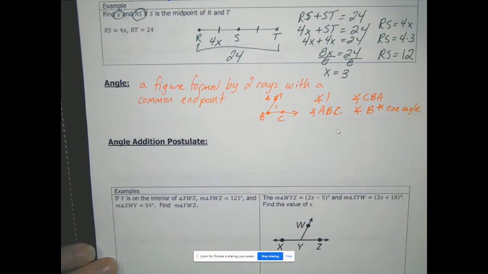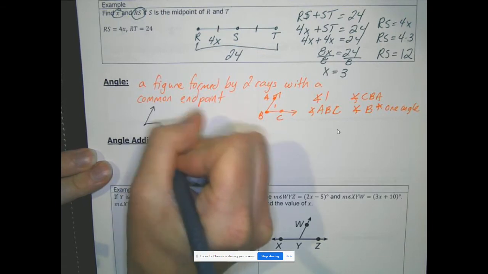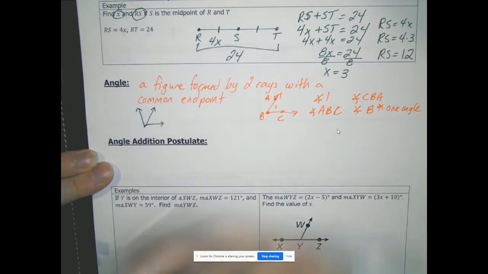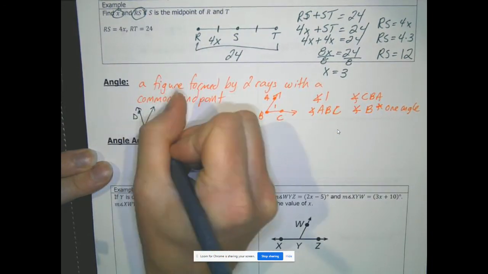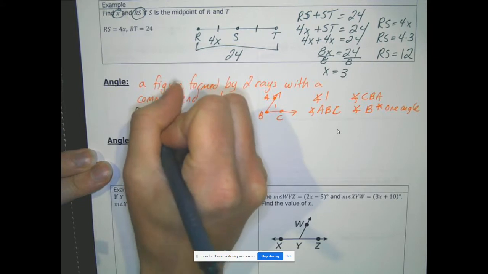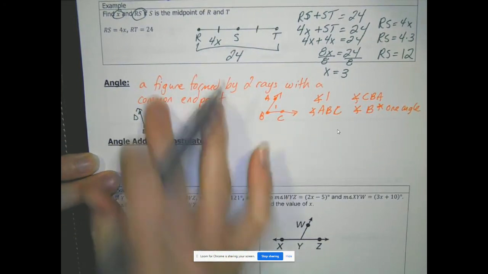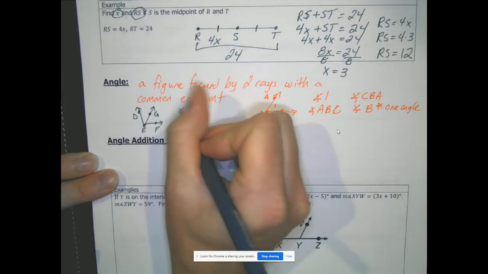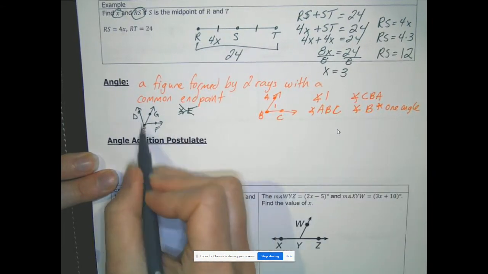Okay? And what I mean by that is if I had another figure, so I had this figure here, and let's call this D, E, F, G, okay? This right here, I could not call this angle E, because there are multiple angles.